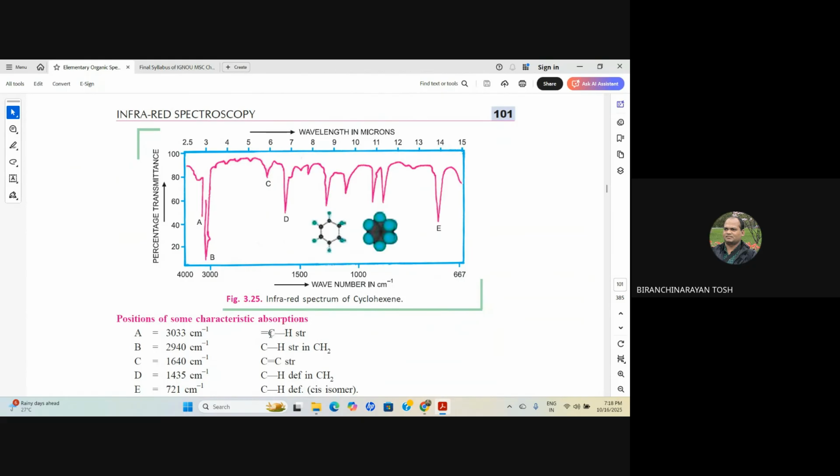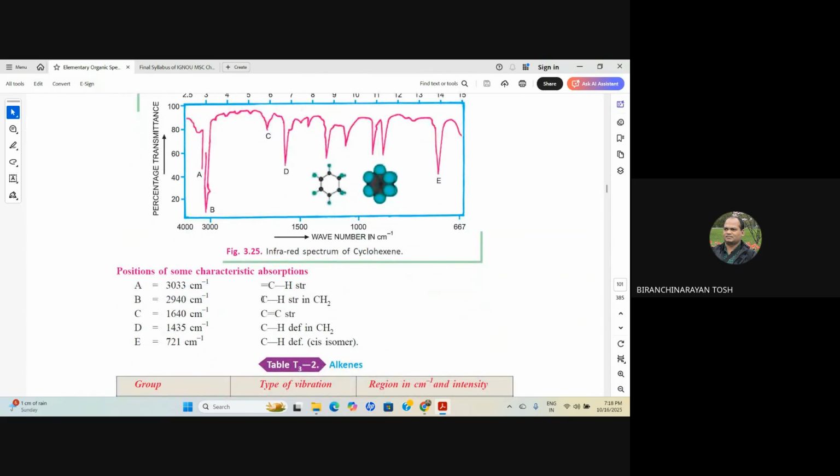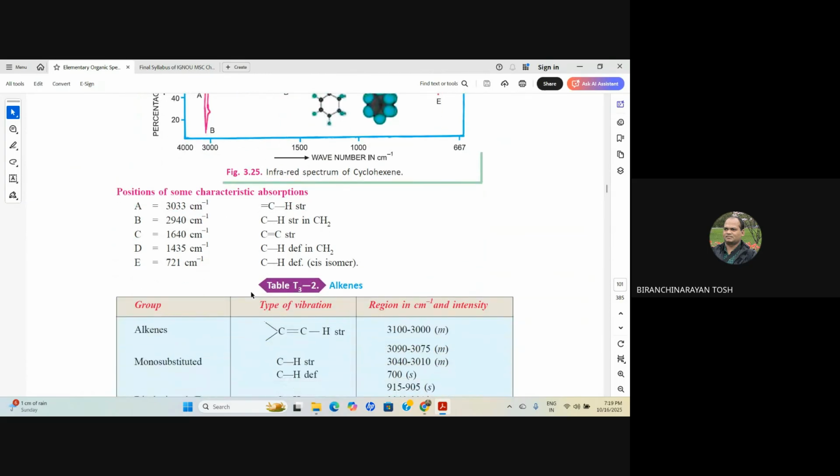So the double bond CH stretching will be observed around 3033 at higher frequency or higher wave number, whatever it may be. And the rest is the same, around 2900 the CH stretching, and around 1640 the carbon-carbon double bond stretching. You can remember all these things, or it will be difficult.